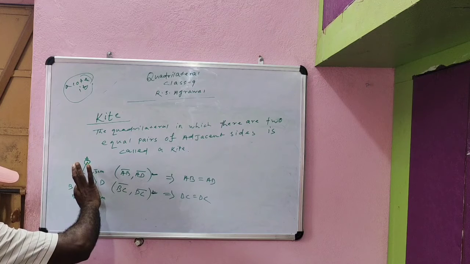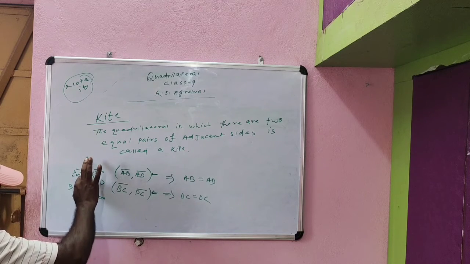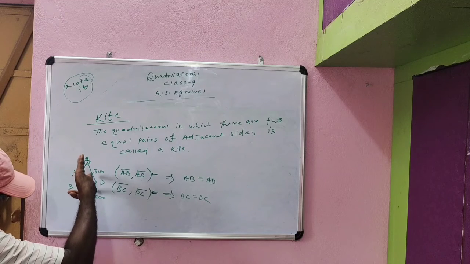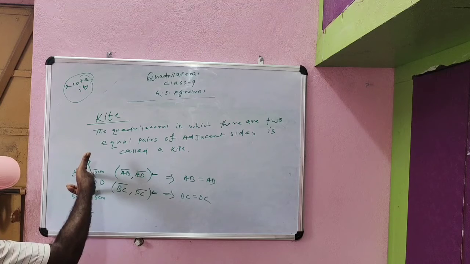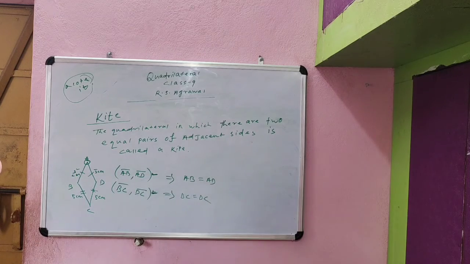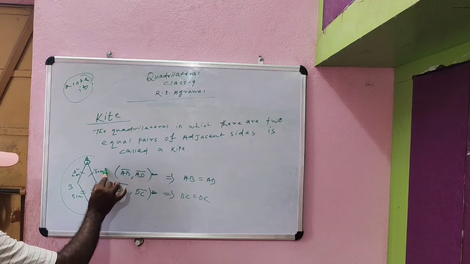The length of these two adjacent sides is 3, 5, and the length of these two adjacent sides is also 3, 5. Therefore, such type of quadrilateral is called a kite.